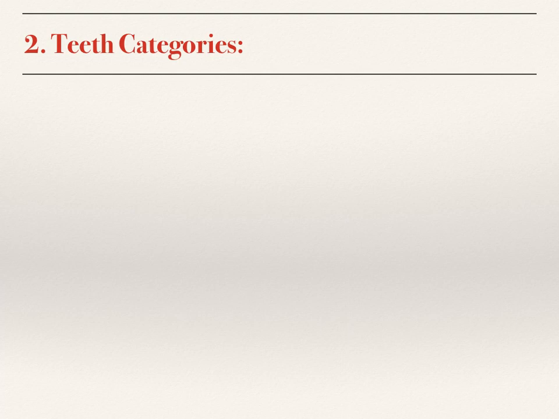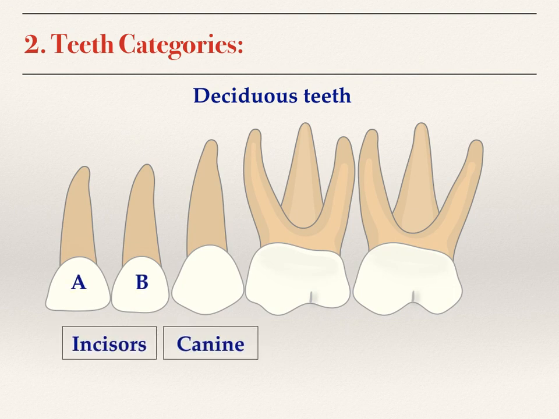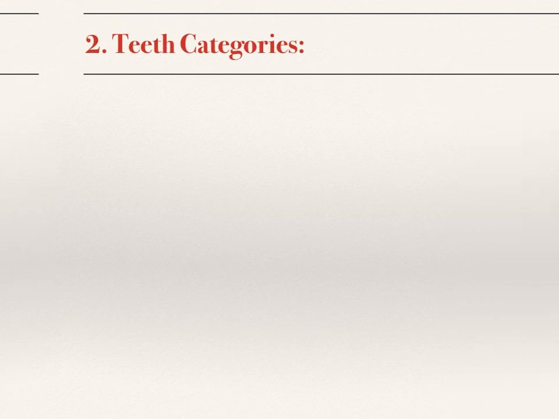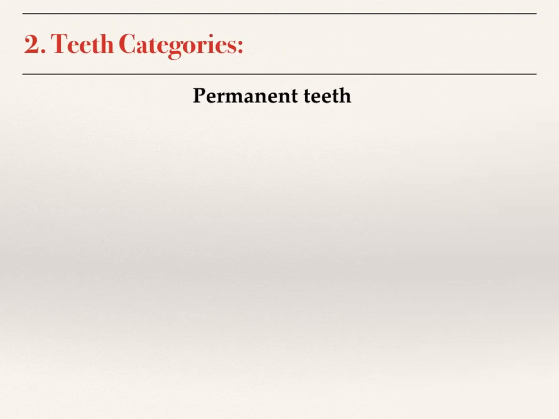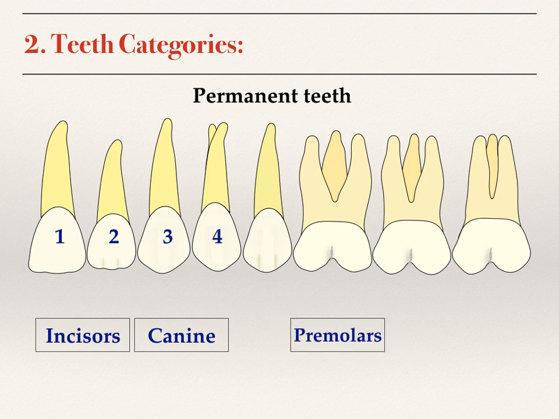Differences in teeth categories. Deciduous teeth contain incisors A and B, canine C, molars D and E. Permanent teeth: incisors 1, 2, canine 3, premolars 4 and 5, and molars 6, 7, and 8.